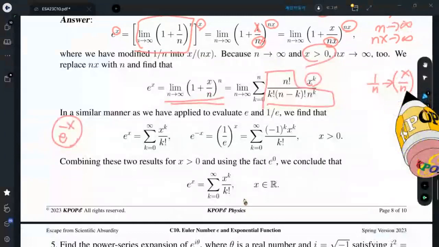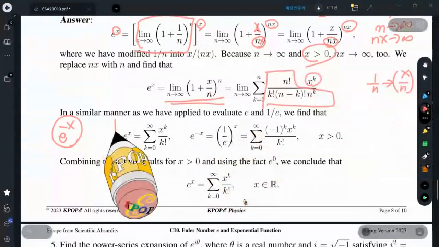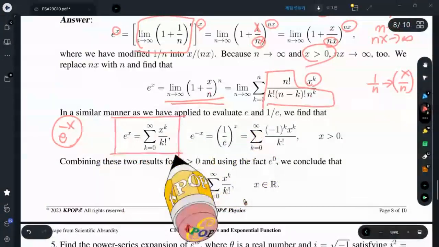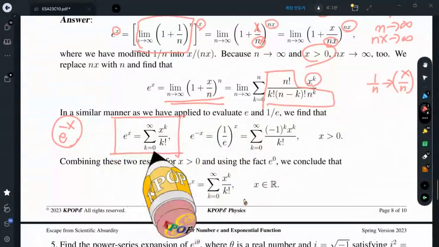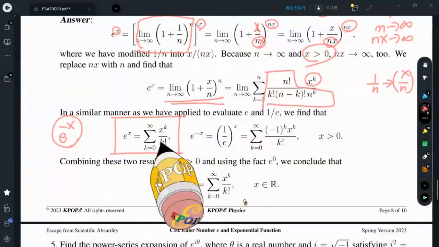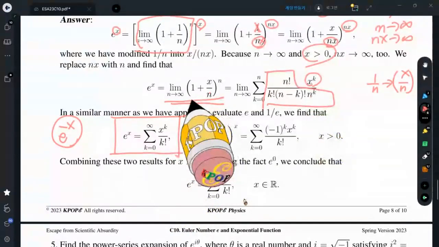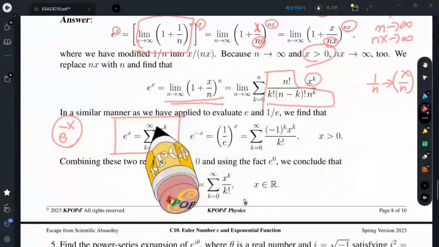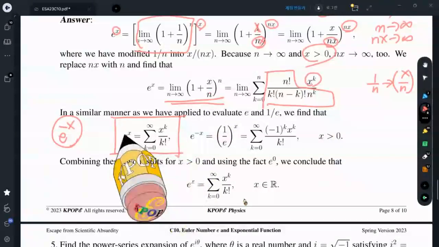Therefore, we arrive at this formula: the exponential function can always be expressed as the sum of x to the kth power divided by k factorial. Because of the very strong constraint that n goes to infinity, whatever positive value of x you bring in, your final result always converges to the actual value.